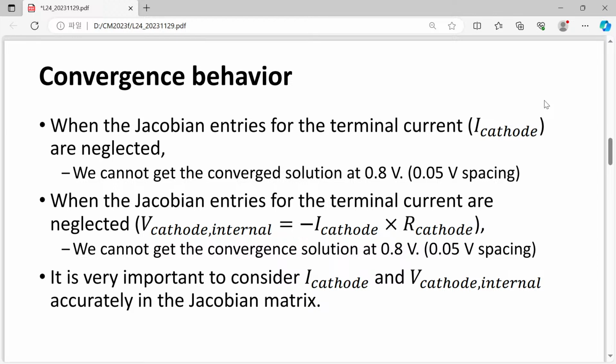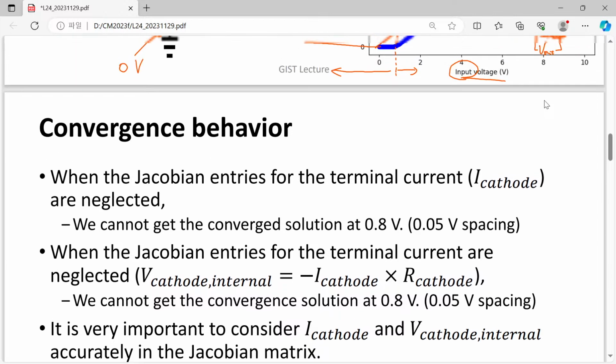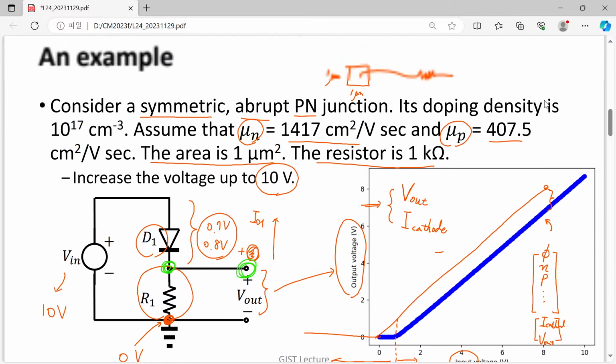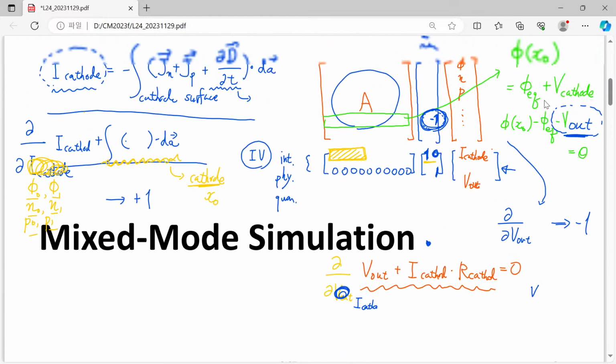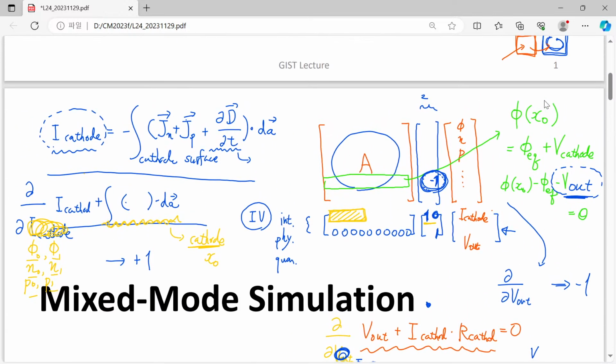So when the Jacobian entries for the terminal currents are neglected, in this example, what I did is, I just implemented the good, correct implementation. After that, intentionally, I just omitted this part.